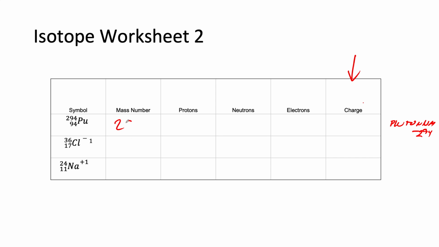Mass number is 294. Protons are 94. Now, the charge. If there's nothing here, this is 0. So then the protons equal electrons. If we're going to have something, this is going to be different. We'll do the next example and show you that. 294 minus 94 means we have 200 neutrons. And there we go. That's how you do the first one.